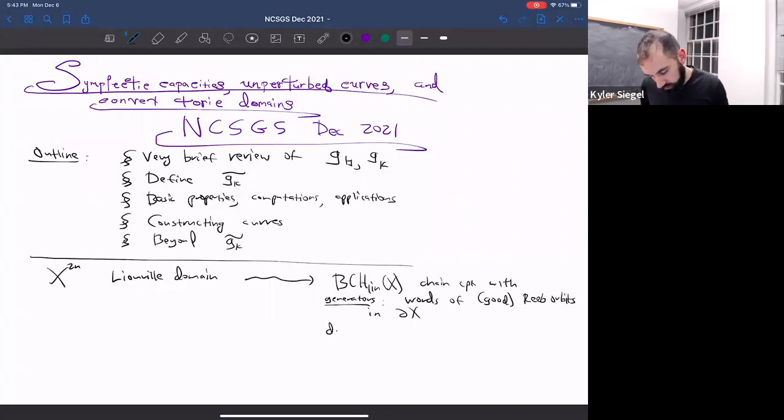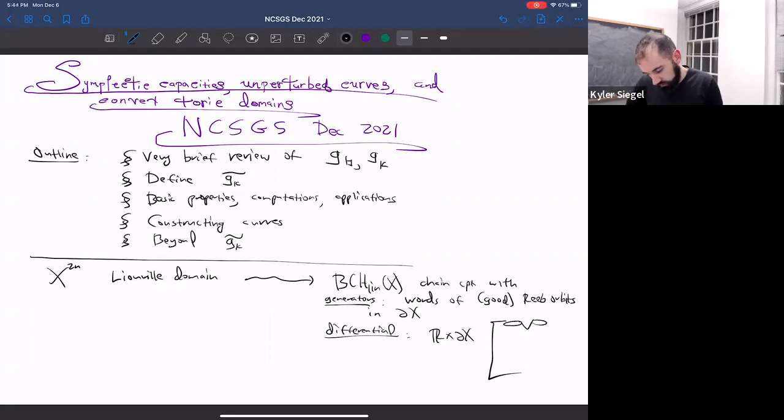And the differential is encoded in terms of, roughly speaking, J-holomorphic curves in the symplectization of the boundary of X, which look like this.